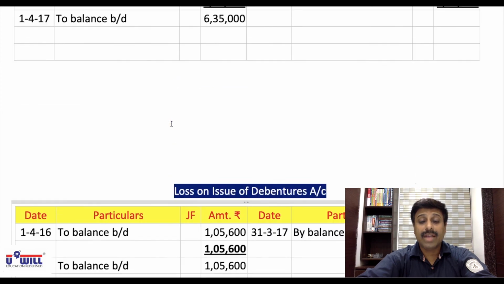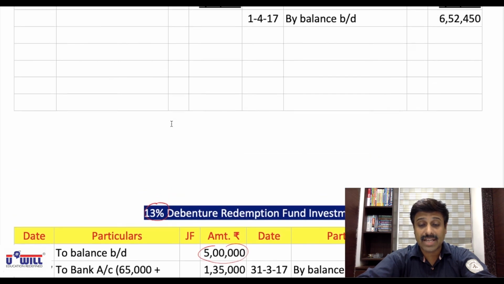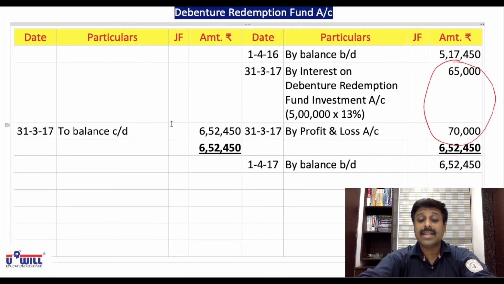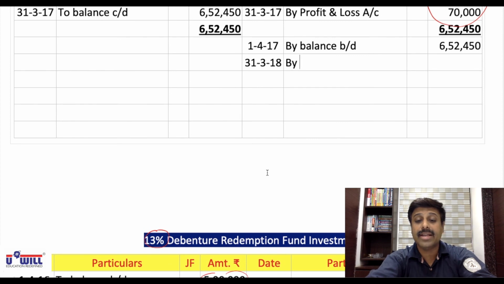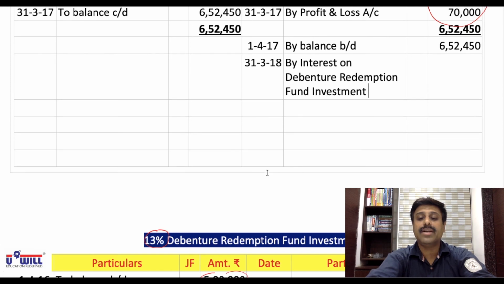Now the last second year's entries are done. Last year's entries, so 7-8 entries of last year are to be passed. First entry, bank account debit to interest, we don't have to pass because we are not making an interest account. Second entry, interest account debit to fund. So in the fund account, credit side, 31,318 by interest on debenture redemption fund investment account.